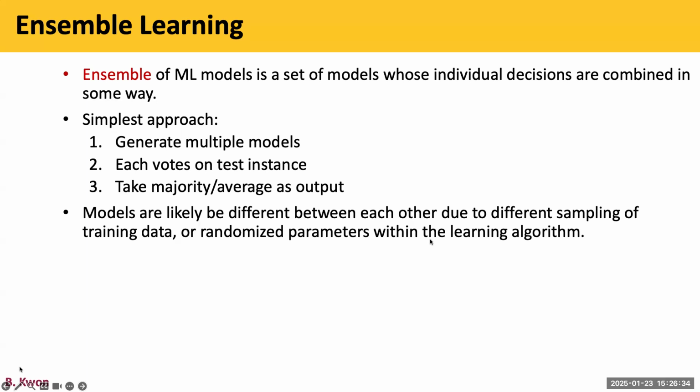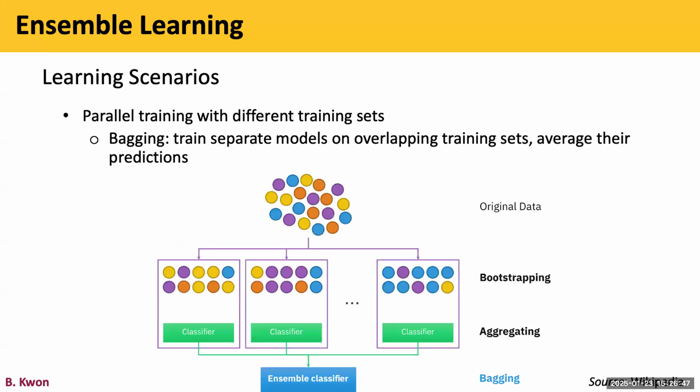So the features for each decision node and the questions for each level of decision node can be different between different decision models, right? And there are two major learning scenarios in the ensemble methodology. So one is the parallel training method, which is also known as the bagging method.